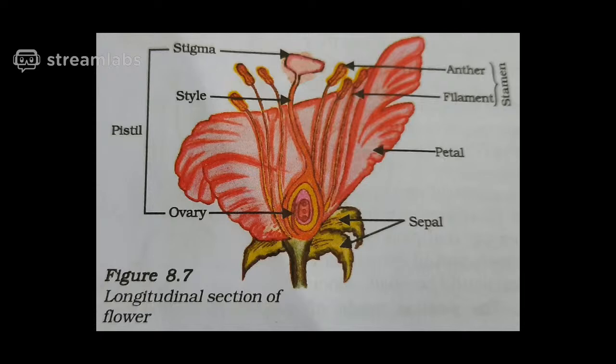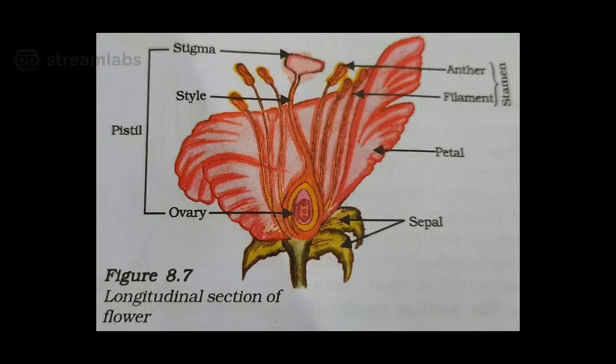Asexual in the sense producing new individuals which are almost identical to the parents. Very little scope for variations. When I said seeds, the seeds are the output of sexual reproduction.